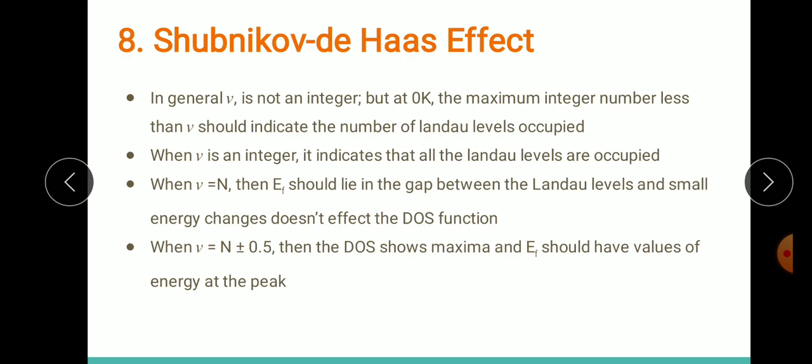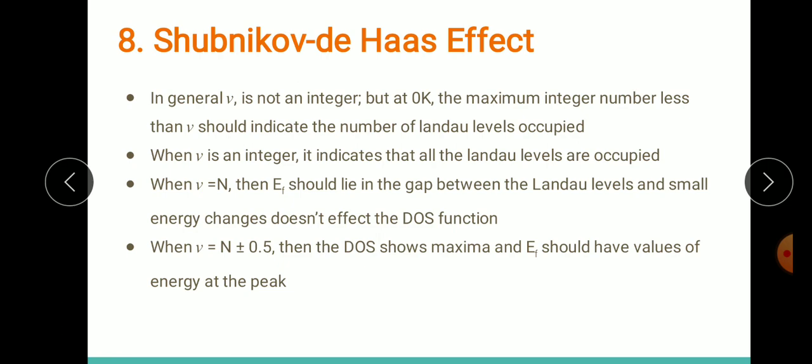Now if your filling factor V is an integer, say the value of V is 5, it indicates that all your Landau levels are occupied. Okay? If V is not an integer, the maximum integer less than V indicates the number of occupied Landau levels.